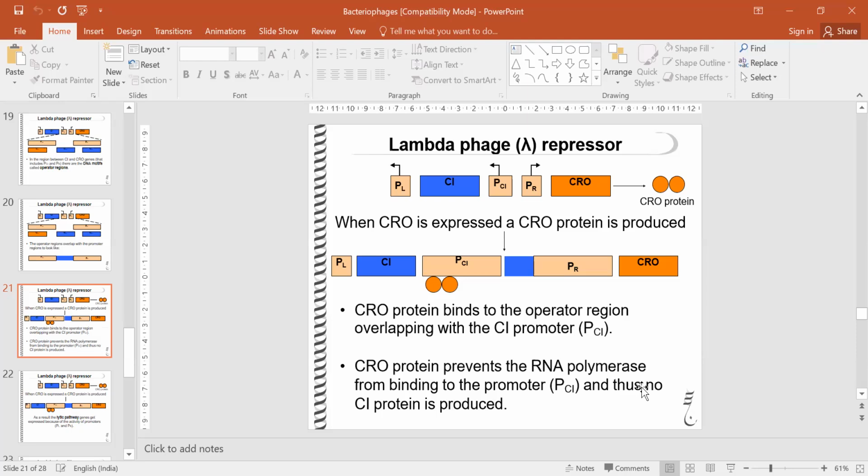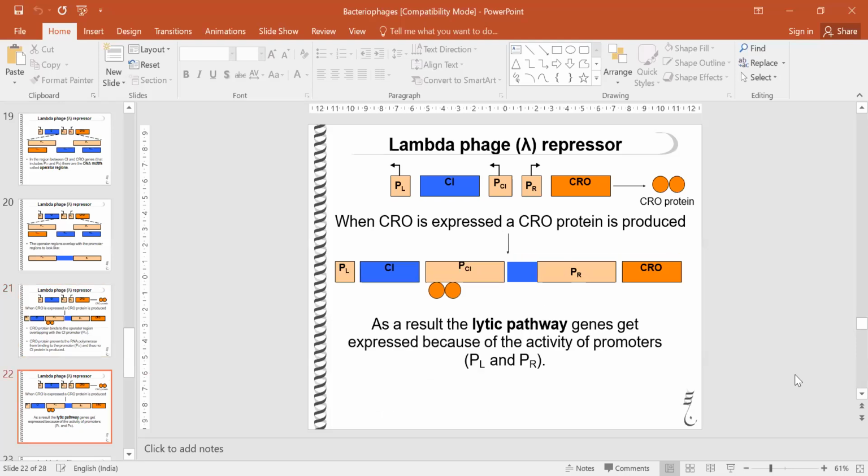If the CRO protein is already bound on the operator site of the PC1, there is competition, so it cannot allow the RNA polymerase to bind there. In that condition, no lambda C1 protein is produced.